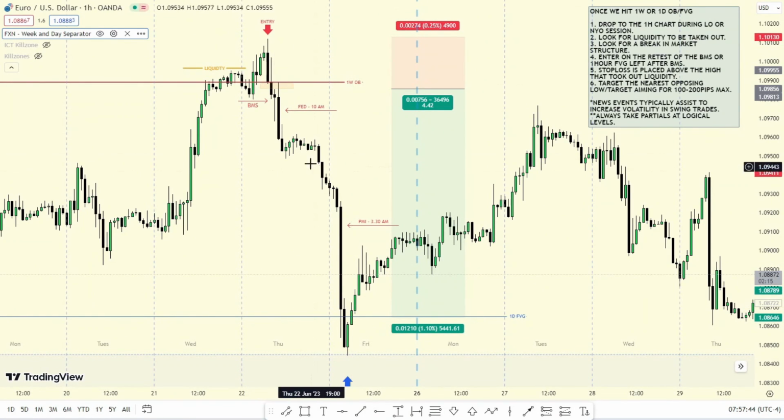So this is a very quick run, took 2 days to fulfill, barely 2 days really. Just New York session of Thursday and London session of Friday to hit our objective. As you can see how news really helps with increasing the volatility in the marketplace. So an objective between 100 to 200 pips was met.